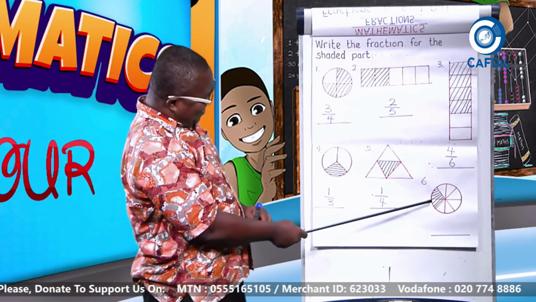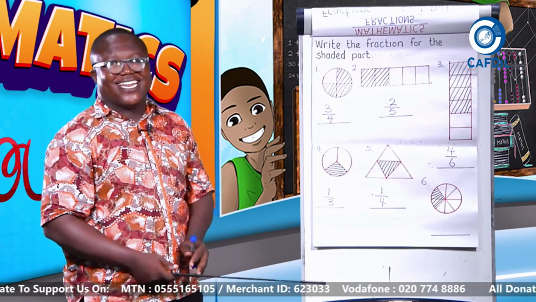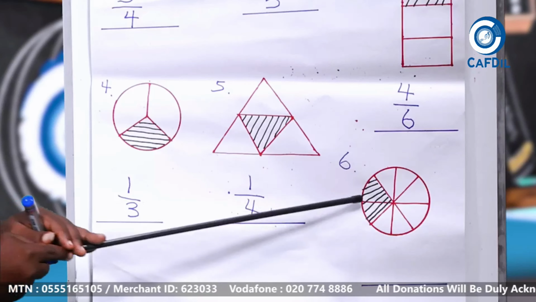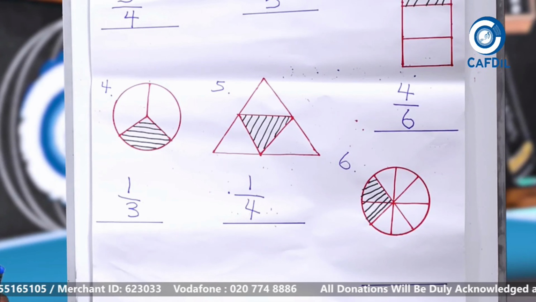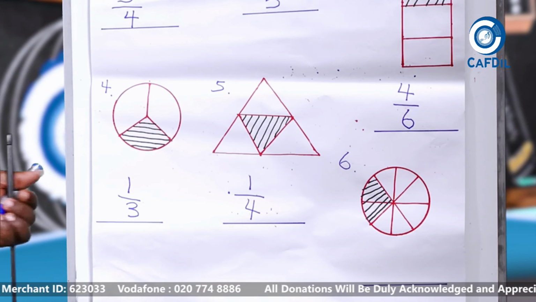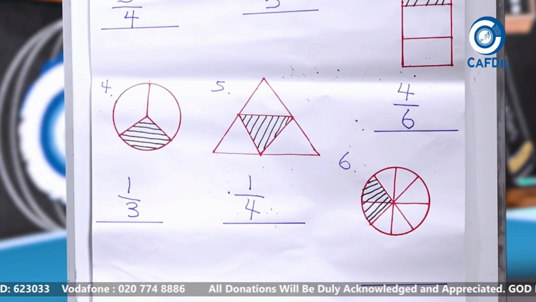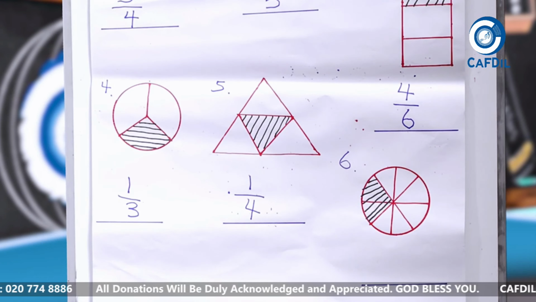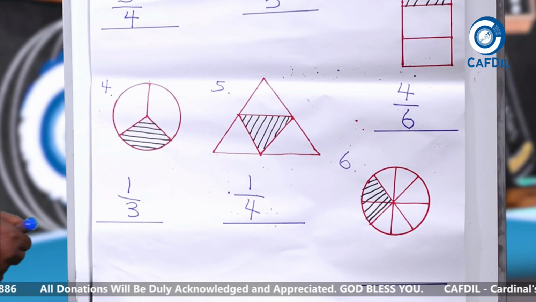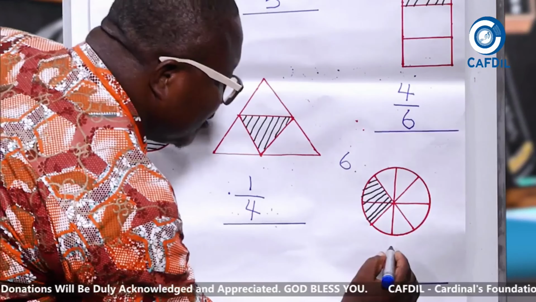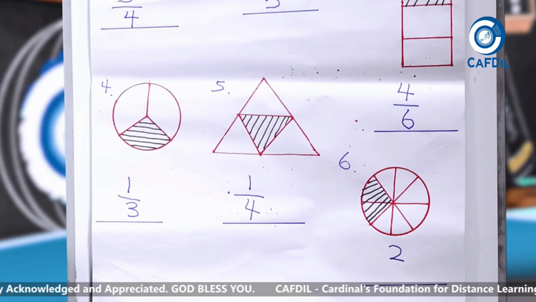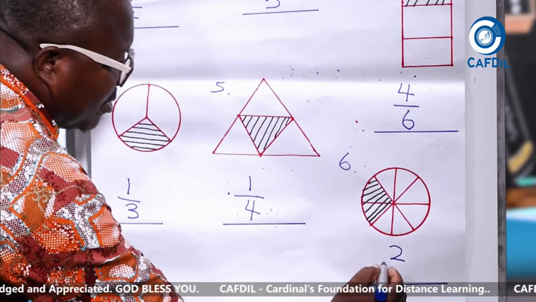And how many have been shaded? This one, the shaded one, you can just look at it and say it. So when you look at it, you can say, it's 1, 2, only 2. So when we are writing the fraction for this, it's going to be 2 out of the total, which is 8.